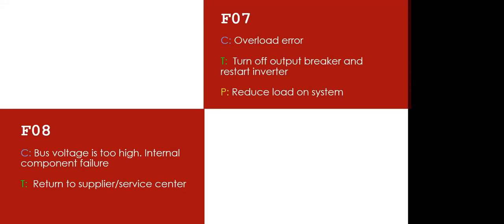But if you turn it on and instantly it shows you F07, definitely the inverter has been damaged by the overload. If it is not damaged, it will work well. The only thing we need to do is reduce our appliances.